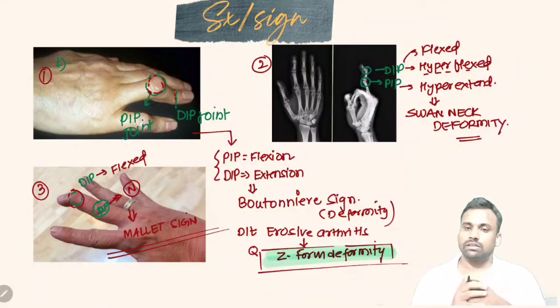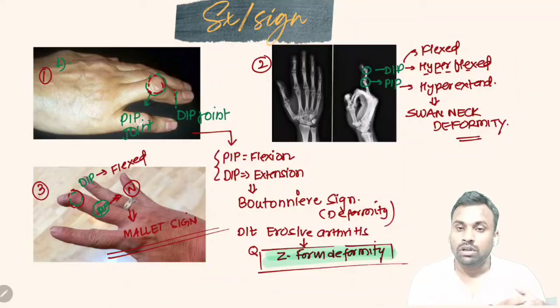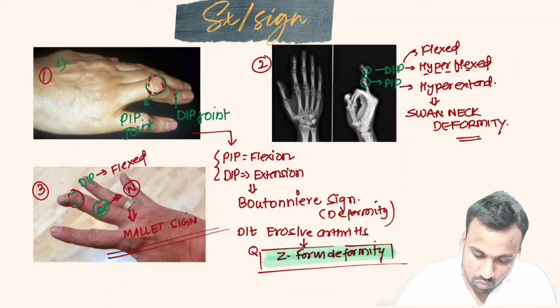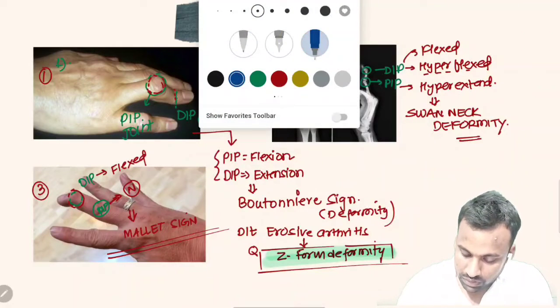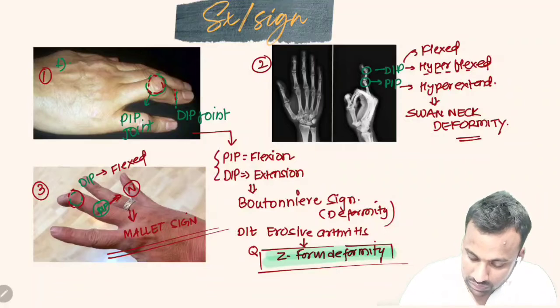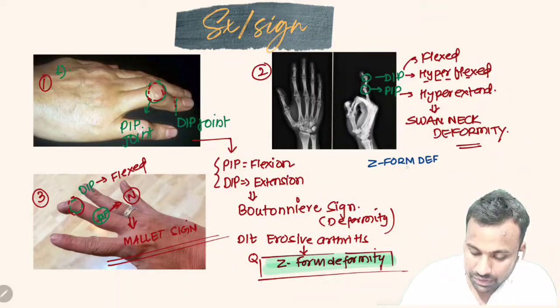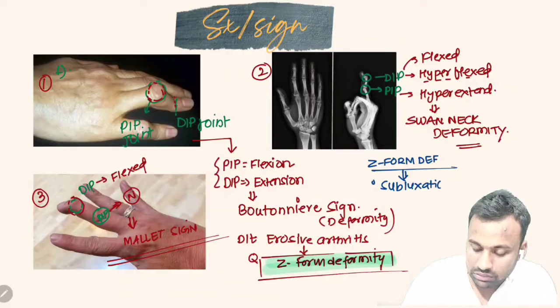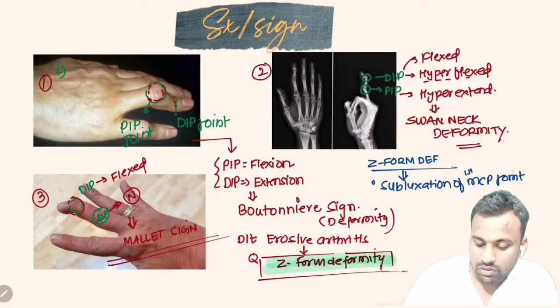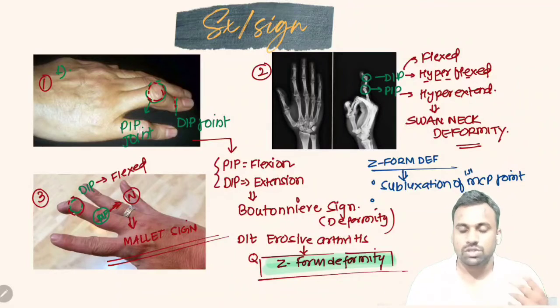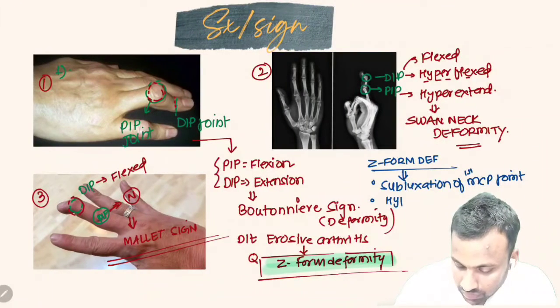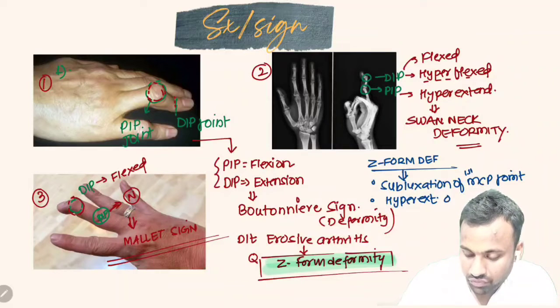In Z form deformity the patient has subluxation of the first MCP joint, and also hyperextension of the interphalangeal joint.